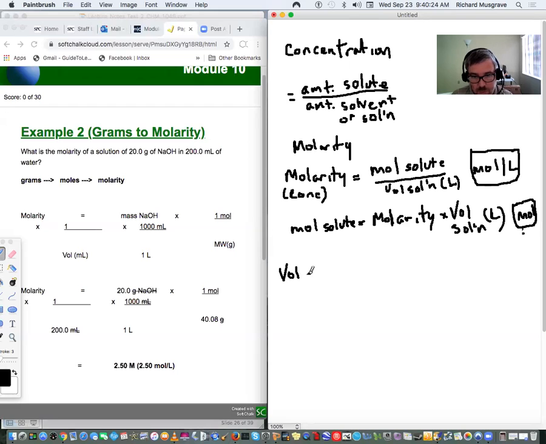Now the volume of a solution in liters is going to be the moles of solute divided by the molarity.